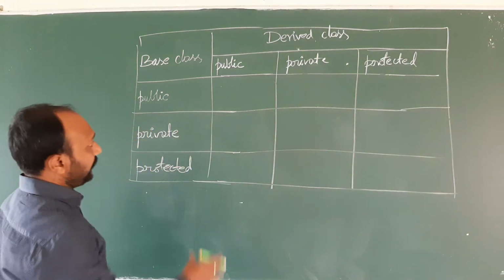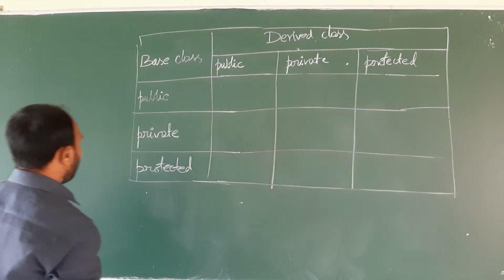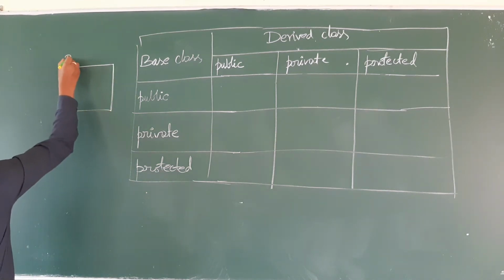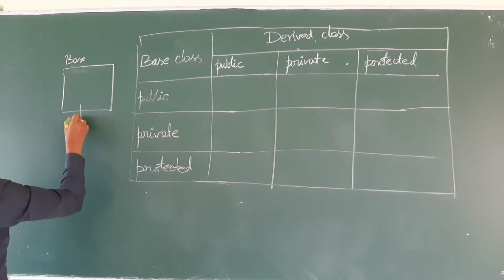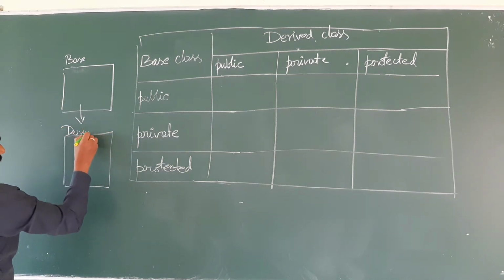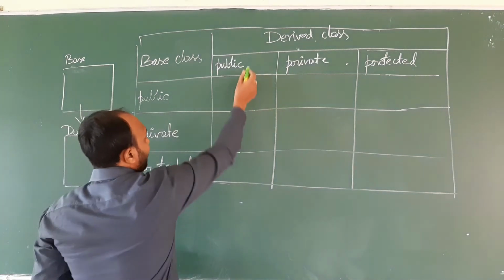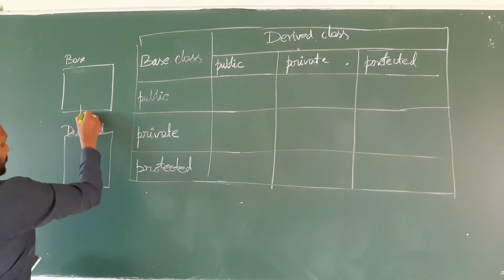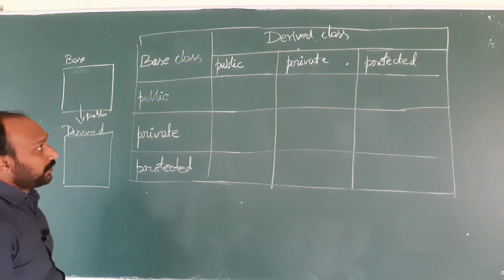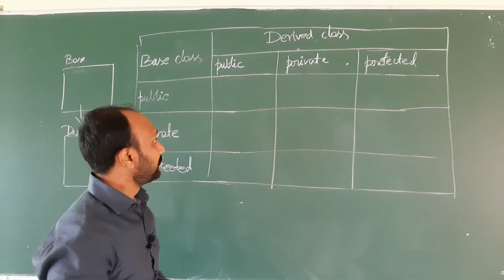So the first one is public inheritance. That is, I will be inheriting the base class data members to a derived class by public inheritance. So what happens if you go with public inheritance?